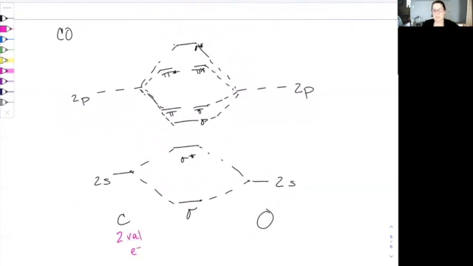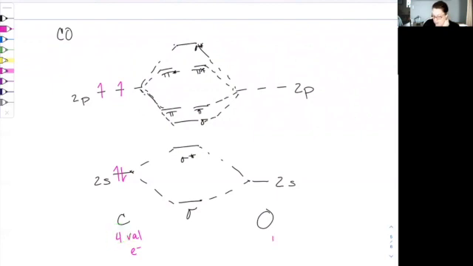So we're going to fill up its atomic orbitals just like we have been doing. 1, 2, that's full, so we need to jump to the next energy level. 1, 2. So that's a total of 4. We're done. Oxygen has, oh my goodness. Do you guys see I said 2 valence electrons for carbon? That is 4 valence electrons right here. Just want to make sure you see that.